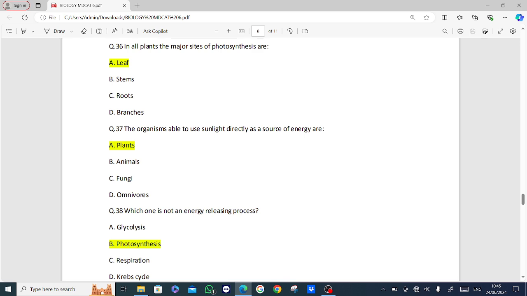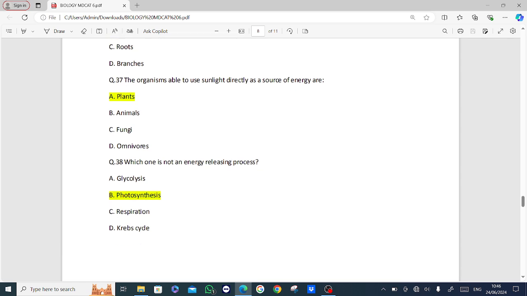Next MCQ is, the organisms able to use sunlight directly as a source of energy are. Options are plants, animals, fungi, omnivores. Answer is option A, plants.